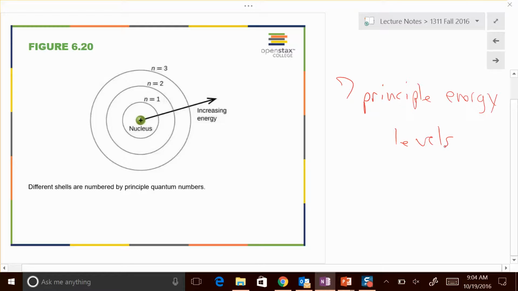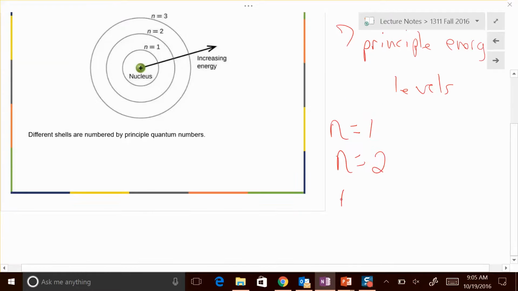And we say n equals to identify them. N equals 1 is the first, n equals 2 is the second, n equals 3 the third, etc. So if I'm going across the periodic table, I can identify the principal energy level for the representative elements.